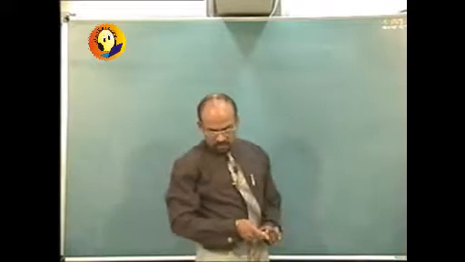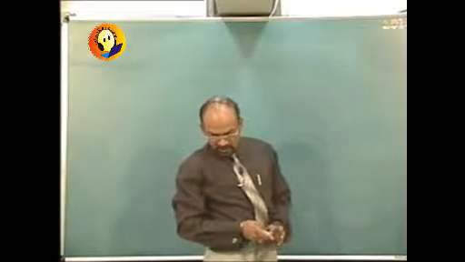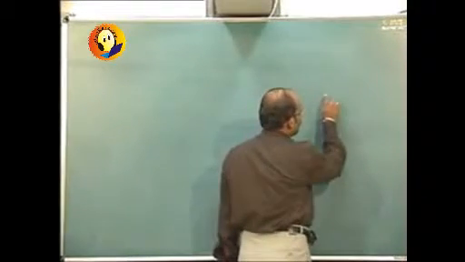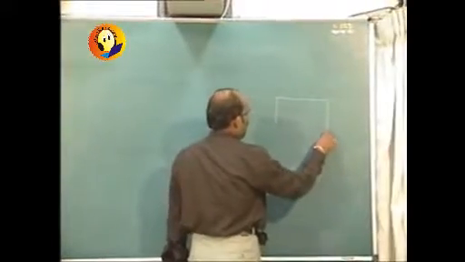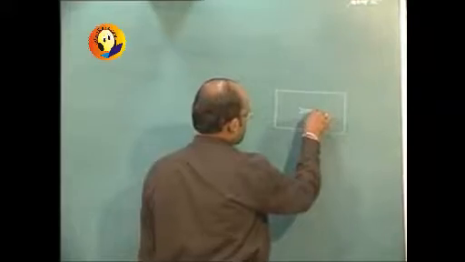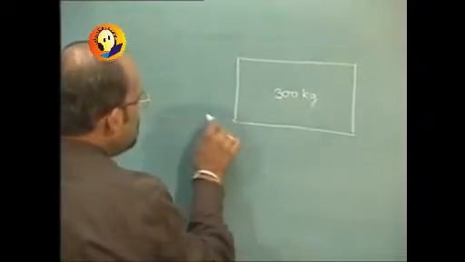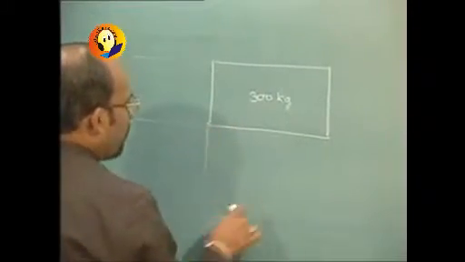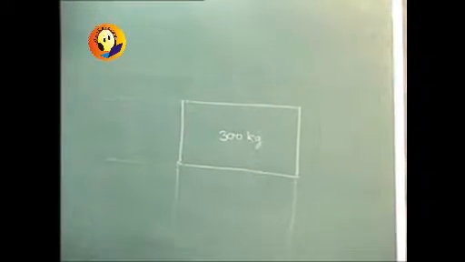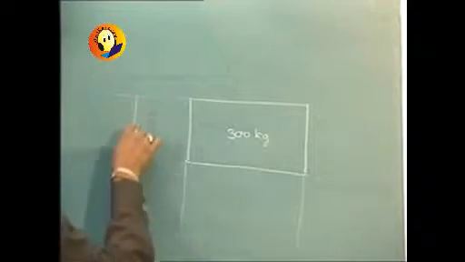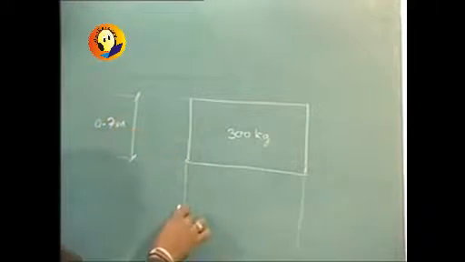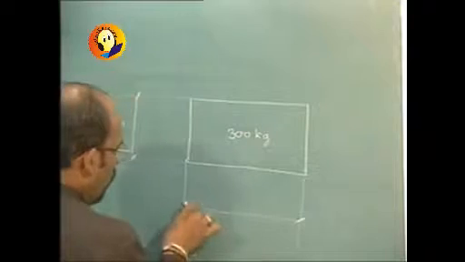Consider the next problem. It is given to us that some box of weight 300 kg and its dimensions are also given to us. The dimensions of the block are also given to us as 0.7 meters and 1.2 meters.